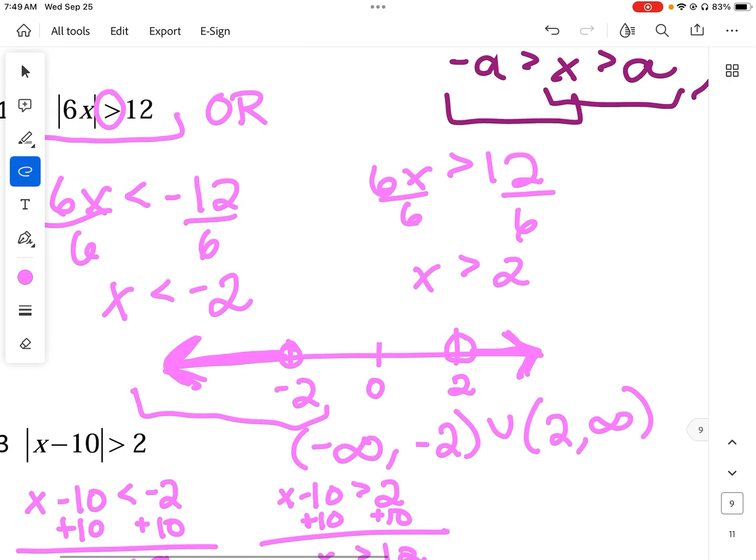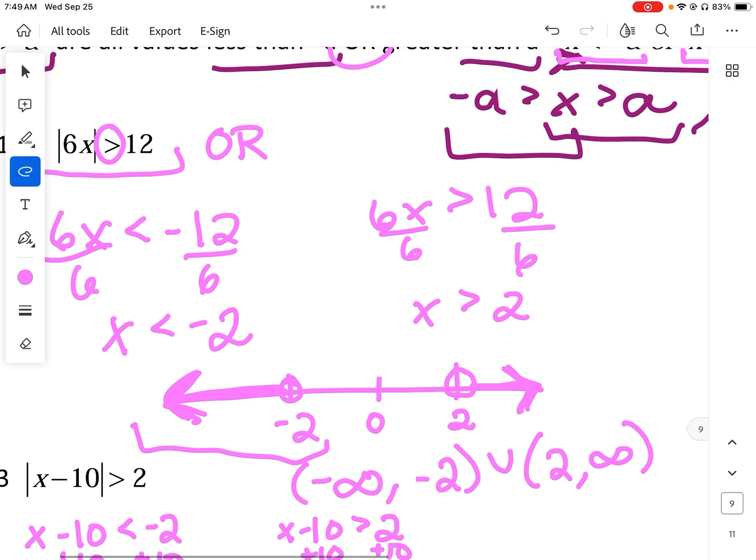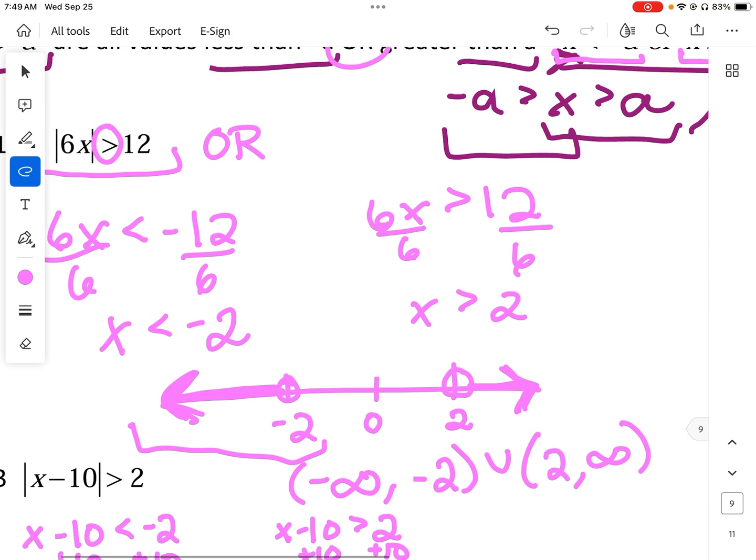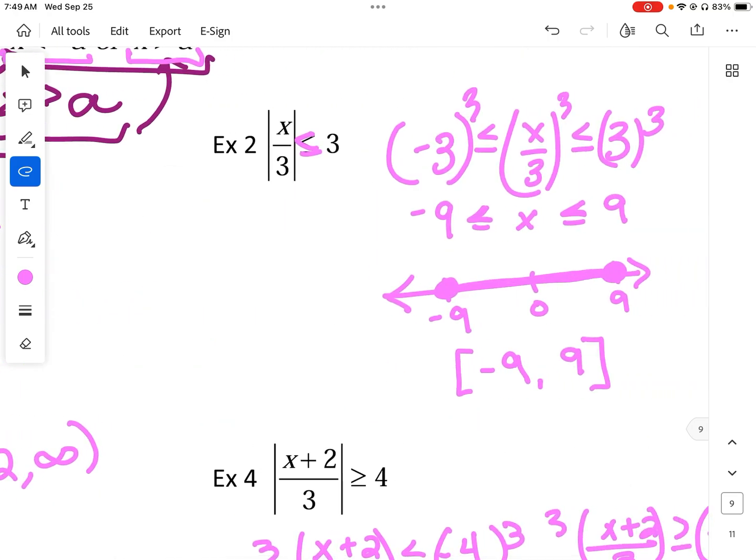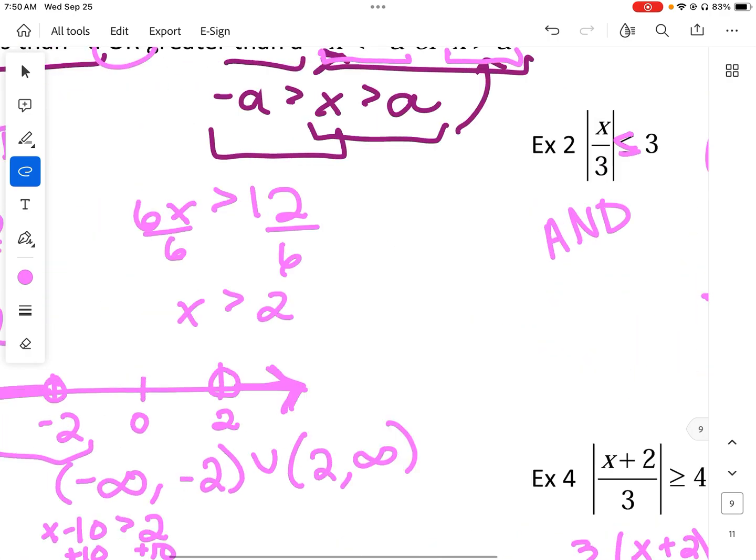It can only be one or the other. Those are the two options for x. Whenever it is less than or equal to, it's everything between these two. So this is an and. It's between -9 and 9.